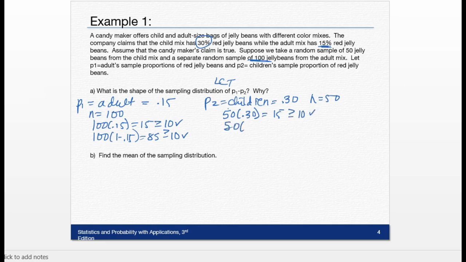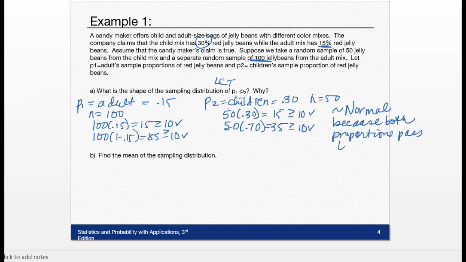And then I have 50 times 0.70, which is 1 minus 0.30. That is 35, which is greater than or equal to 10. So what is the shape? The shape is approximately normal, and it's because both proportions pass the large counts test.